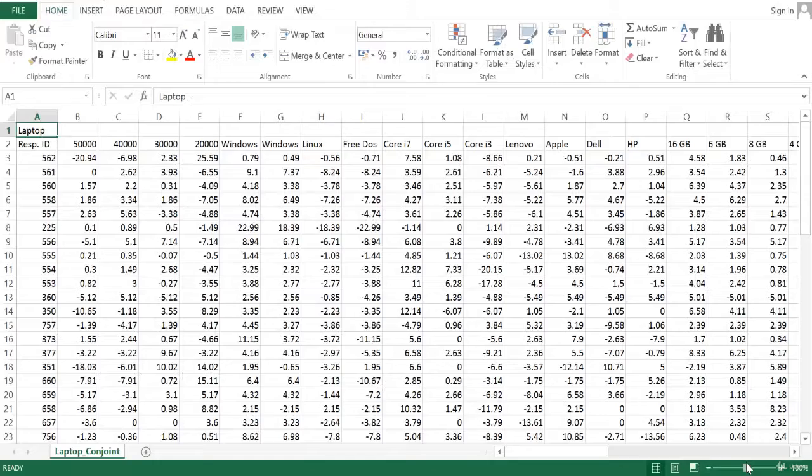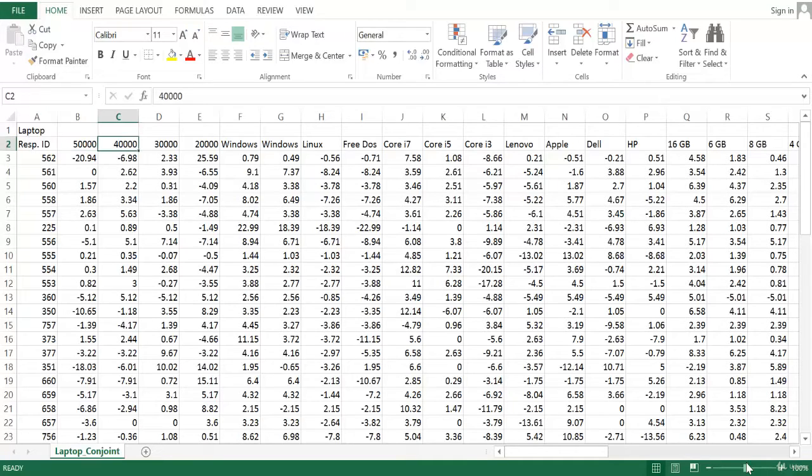If I had to conduct a conjoint analysis, my survey response would look something like this, where the columns from B to E indicate the price options which I'm giving to the customer: at what price would you like to buy a laptop if you had to buy it today or tomorrow.